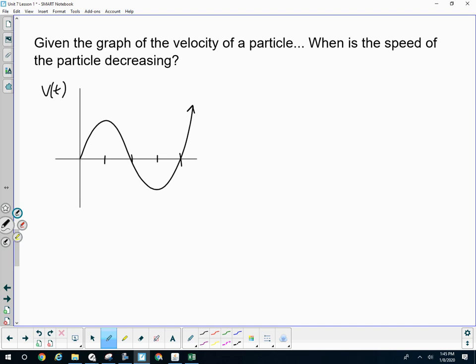First one, I'm giving you the graph of V. Tell me, if a particle has velocities given here, when is the speed of the particle decreasing, or when are we slowing down?